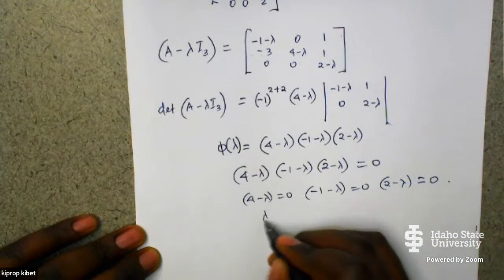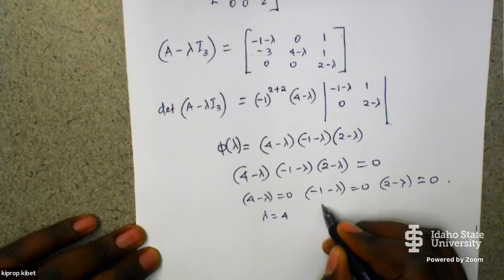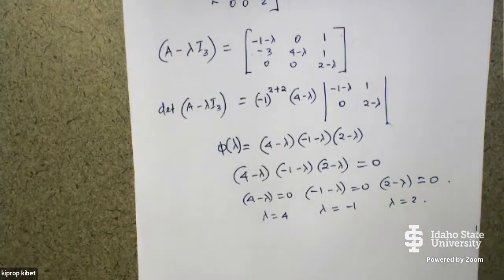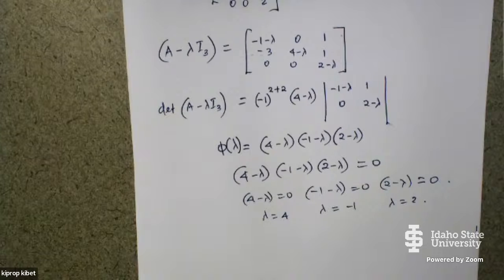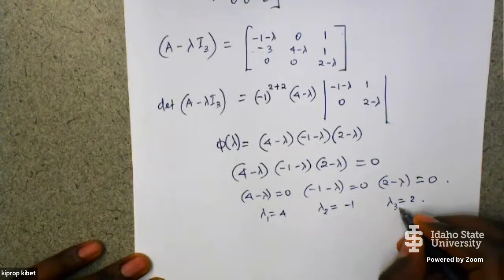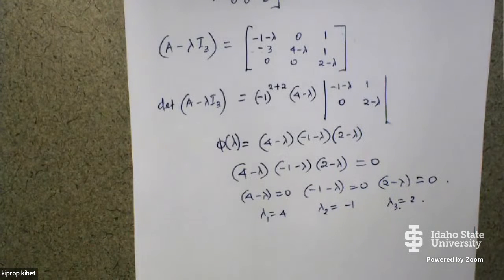So our lambda equals 4, lambda equals -1, and lambda equals 2. Therefore, these will be lambda 1, lambda 2, and lambda 3.